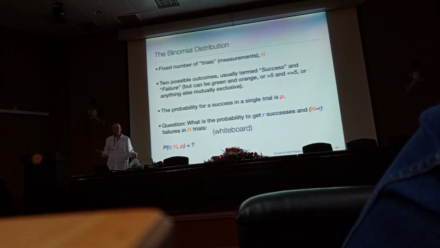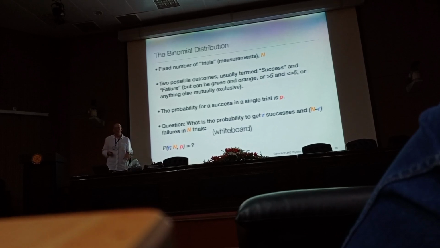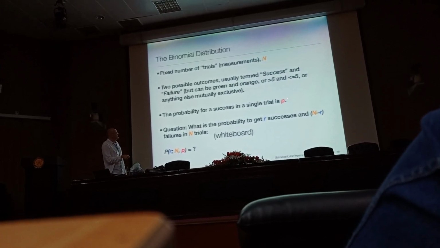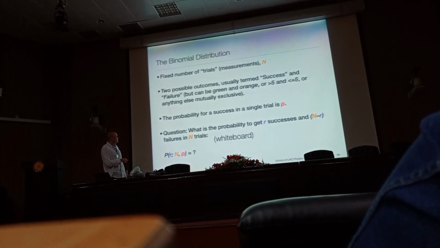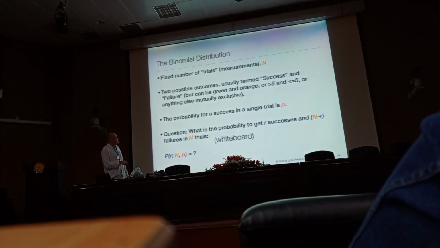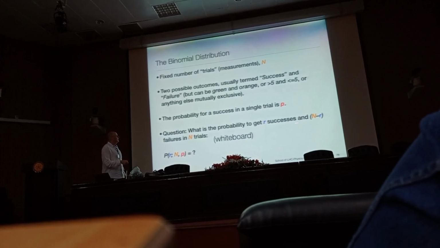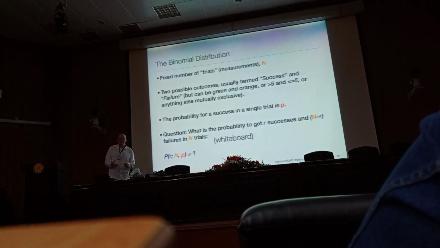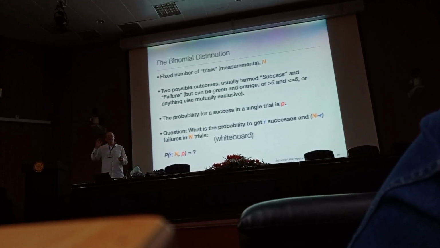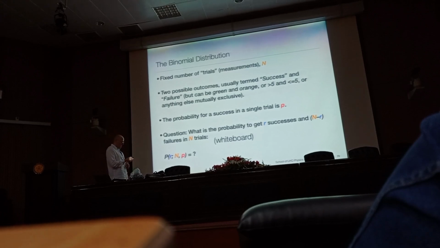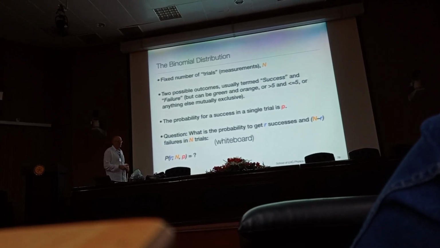In my example, with a board game where I need a 6, it's 1/6, because I have a 6-sided die. And then the question that this answers is: what is the probability to get r successes, and consequently n minus r failures, when I try n times? So if I roll my die 5 times, how likely am I to get 1, 2, 3, 4, 5 sixes, or 0 sixes?